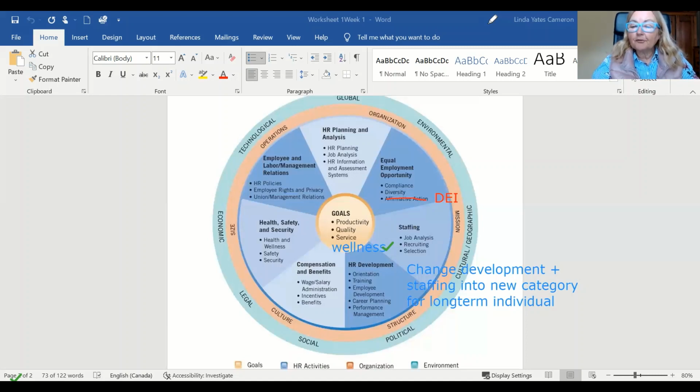Another group, so thanks for those questions and answers. Another group mentioned change development and staffing into new categories for long-term individuals. So you want to share with us what your thinking there was?